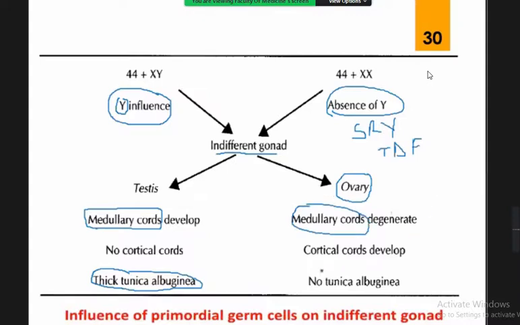And instead, other cell clusters form from the wall of the forming gonad. And those cell clusters eventually form what we call the cortical cords. In another slide, we are going to see the actual effect of TDF and how TDF suppresses the processes that we see in the female.